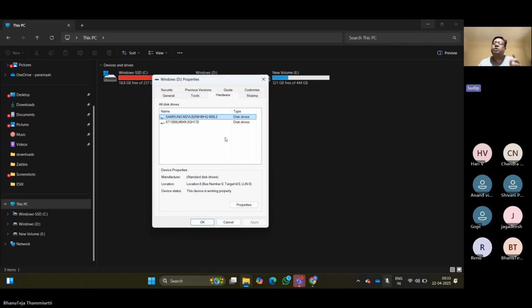And that's how the Windows operating system on Bhanu's laptop is able to identify that in location 0, I have a Seagate hard disk, and this is its serial number, this is its characteristic, these are its properties. And on location 8, in this case, it is using a Samsung hard disk and it is able to identify that also.